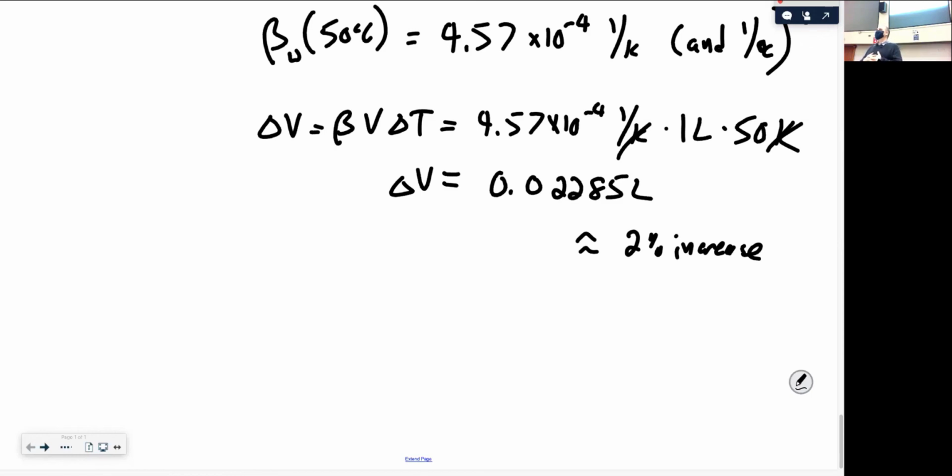But here's the tricky part about this problem. The glass expands too. So it's not going to read 1.02285 liters on the new beaker that you've got. Let's say there are markings on this beaker that let you measure the liquid inside very accurately.